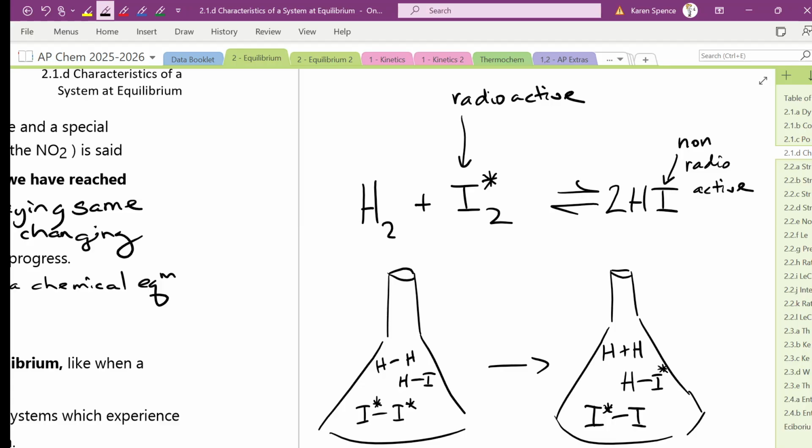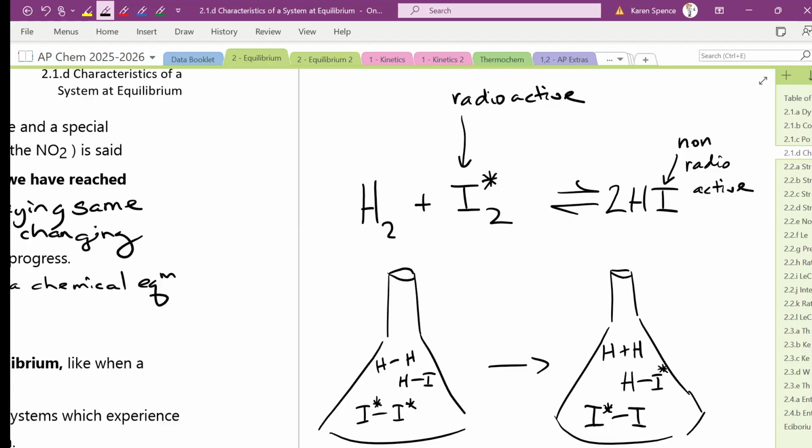My HI has just turned into H2 and I2, and my I2 and my H2 will turn into HI, because that reaction happens at the same speed as that other reaction.